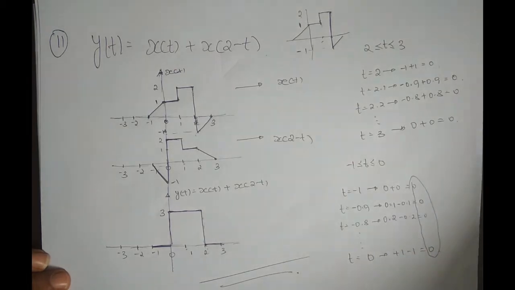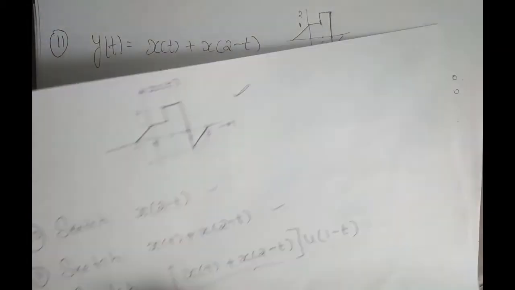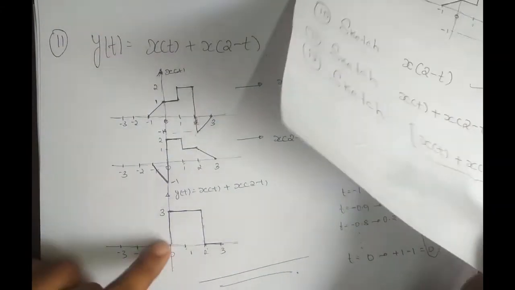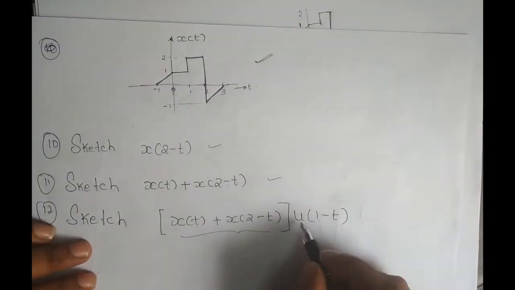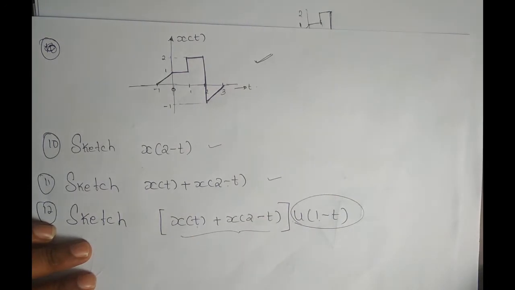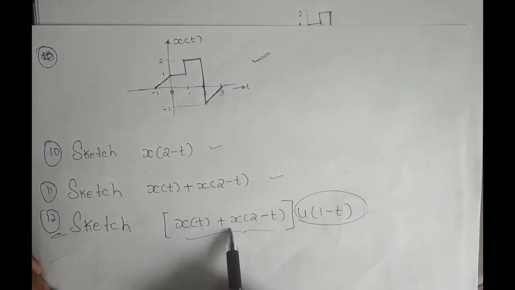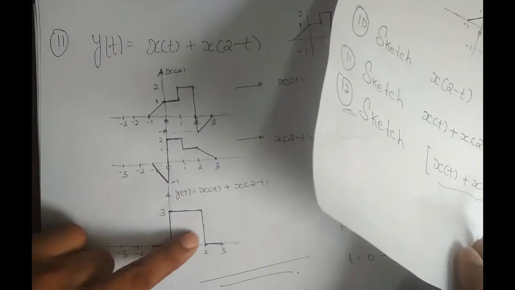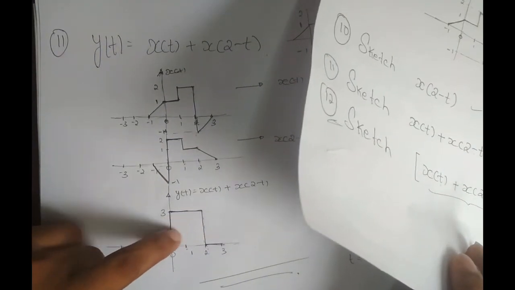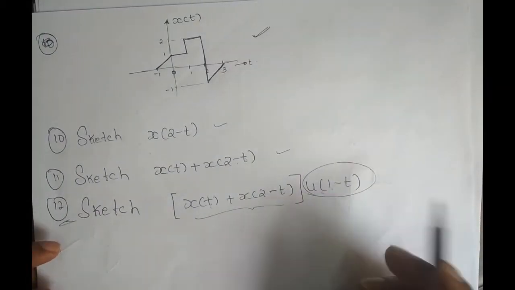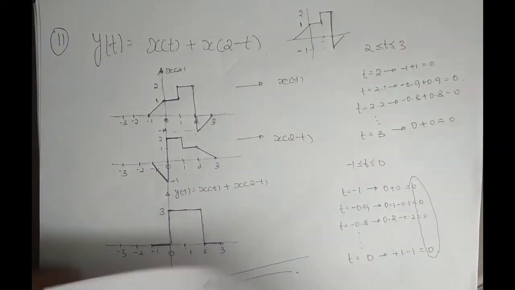Okay. So next is x of t plus x of 2 minus t, which is this signal, which needs to be multiplied with u of 1 minus t. This is our 12th signal sketch. X of t plus x of 2 minus t, we already have this, no need to plot it again. So this signal has to be multiplied with u of 1 minus t, so that we will try to sketch.